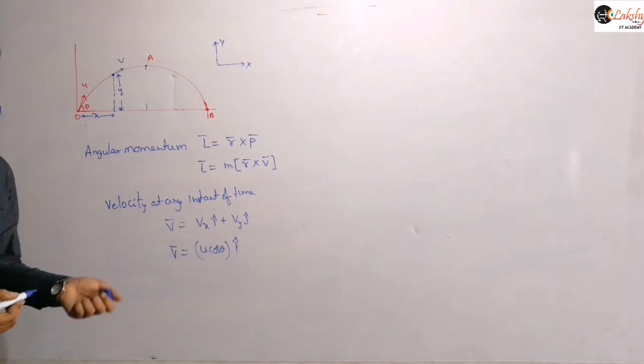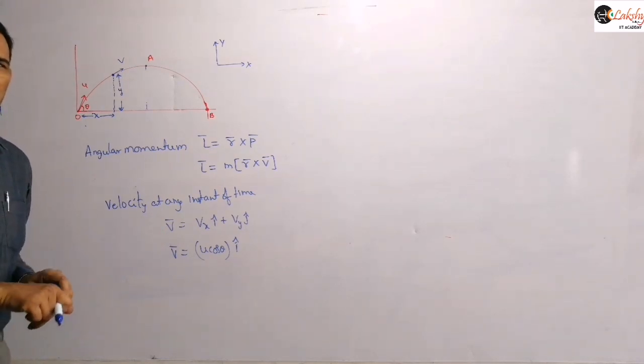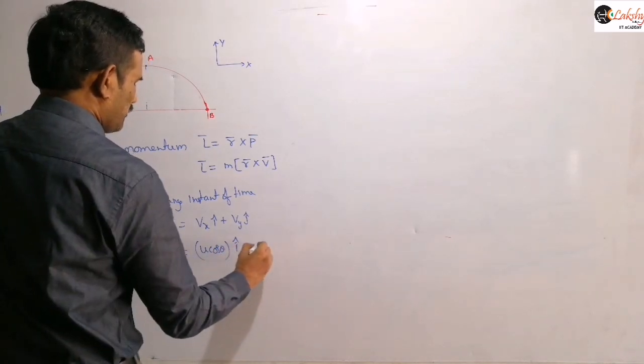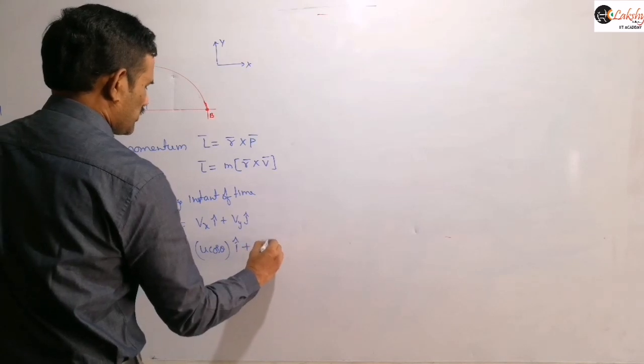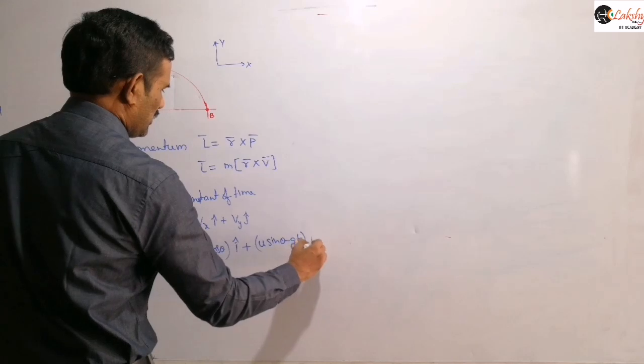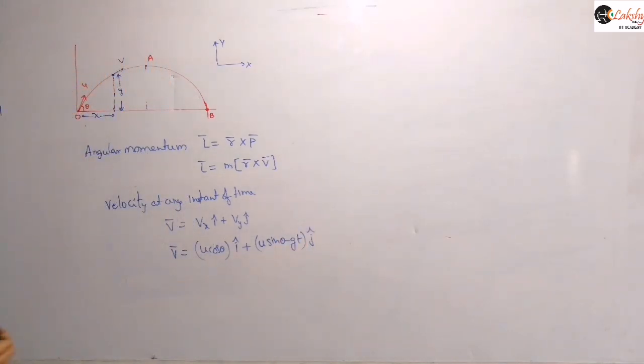To find the y component of velocity we need to apply v is equal to u plus at along the y axis, so plus u sin theta minus gt j cap. So that is our velocity at any instant of time.